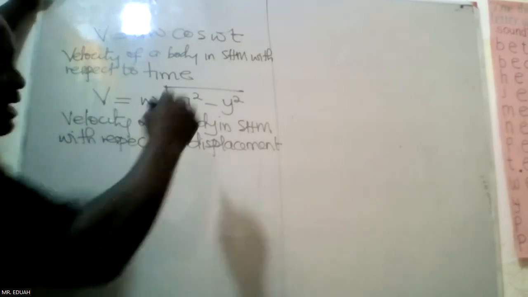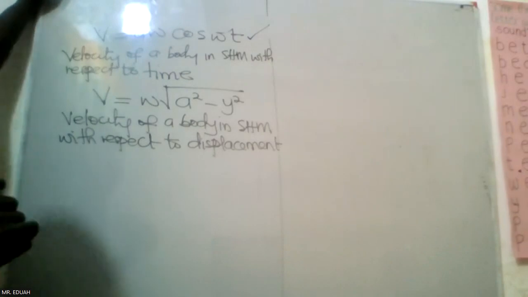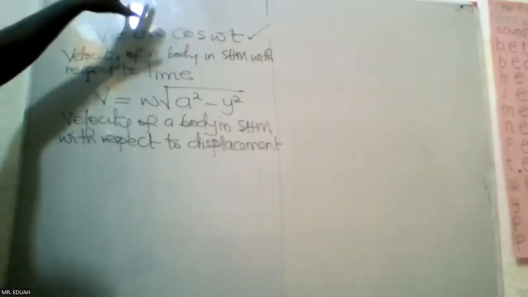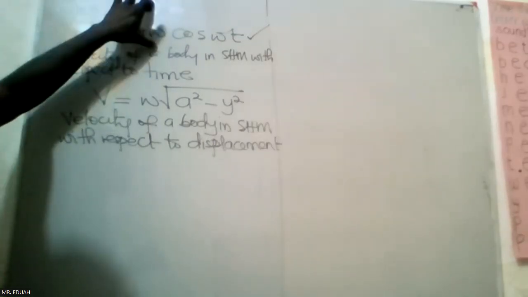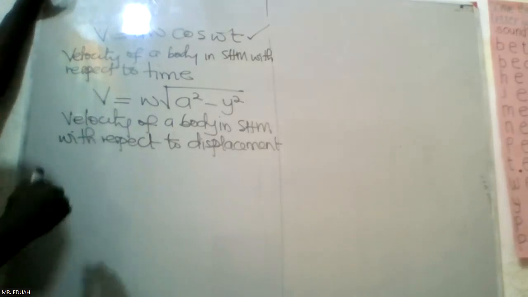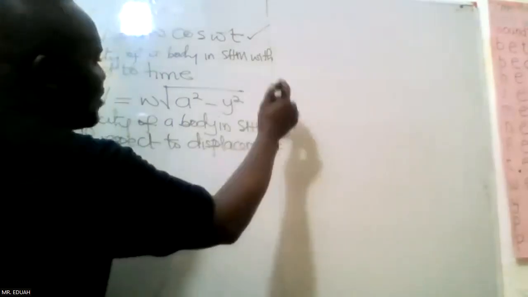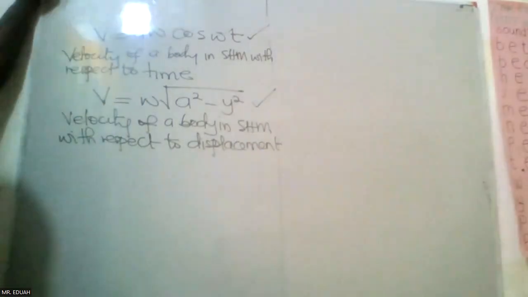This is what you use to find the velocity when time is given. At a time of so and so, calculate the velocity of the body. Then in equation 2, at a displacement of so and so, calculate the velocity. And this is the formula to use. So get the difference.